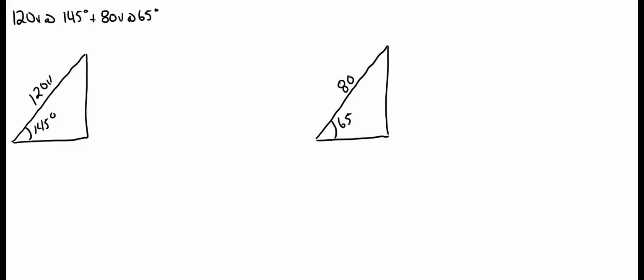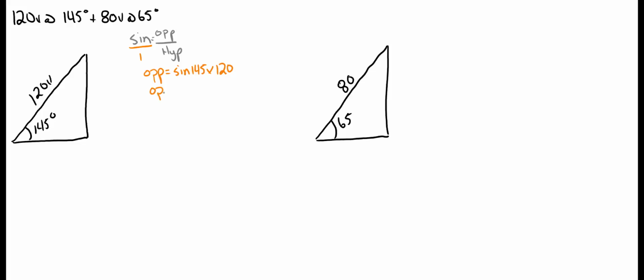What are our steps? First, we can use the sine function to solve for the opposite. Cross multiply to isolate the opposite. The opposite would be equal to the sine of 145 times the hypotenuse, 120.